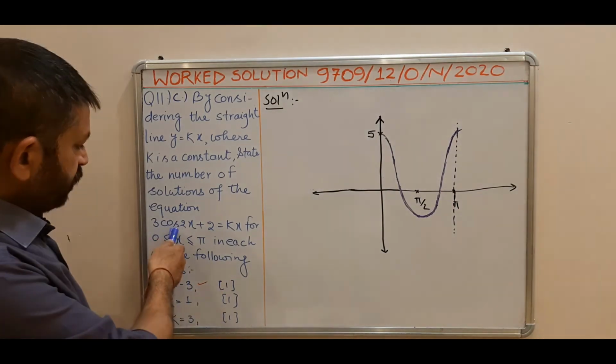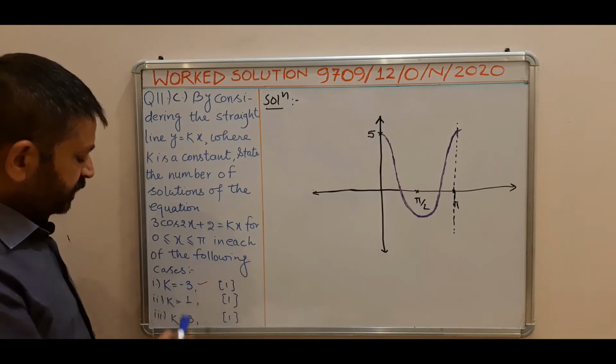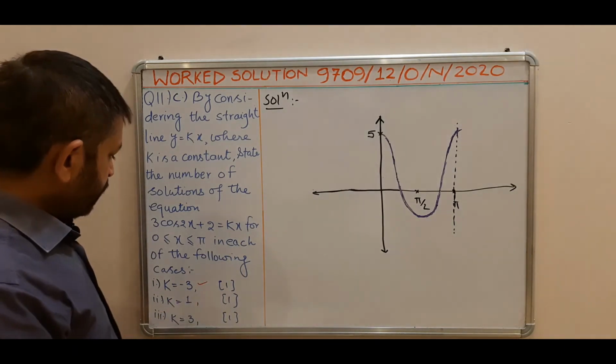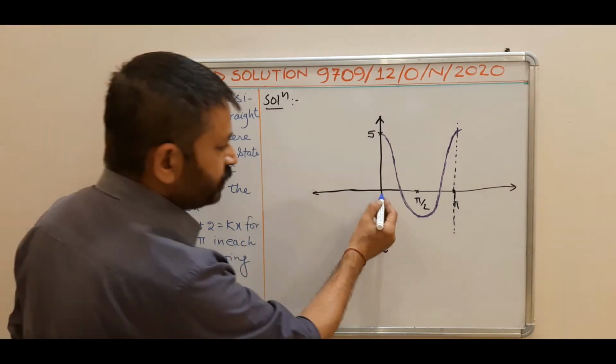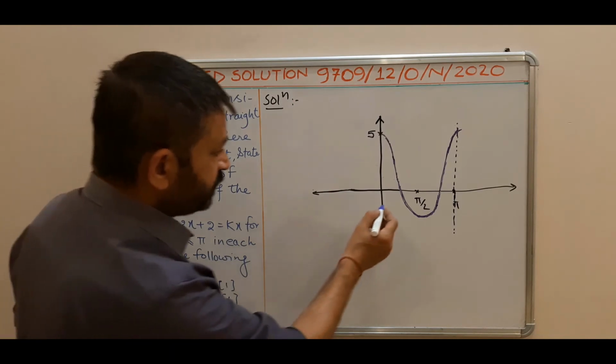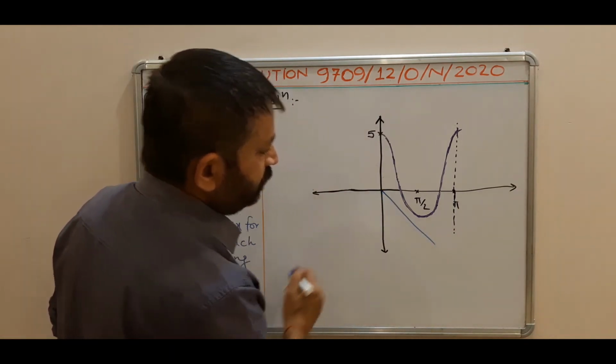So 3 cos 2x plus 2 we have already drawn. Now what is left? Kx. So first I am considering k is equals to minus 3. So the range is given as 0 to pi. So we'll draw here 0 to pi, and k is minus 3. So k minus 3 will lie here only. Right?